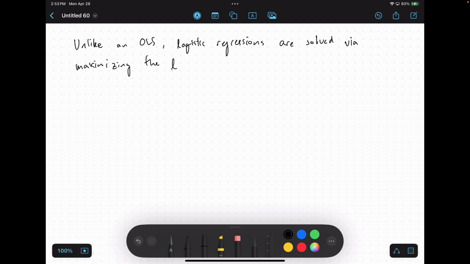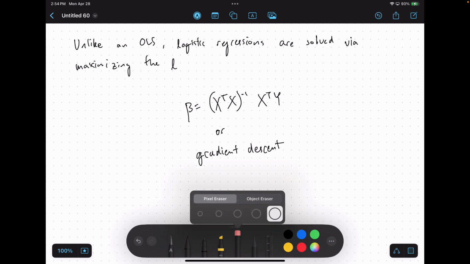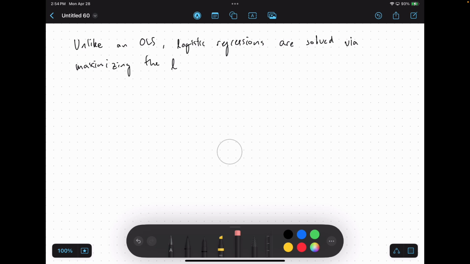And so we talked about in a linear regression, you can either get your betas by the analytical solution, X transpose X inverse X transpose y, or gradient descent, right? For logistic regressions, that is not how we solve for the betas.